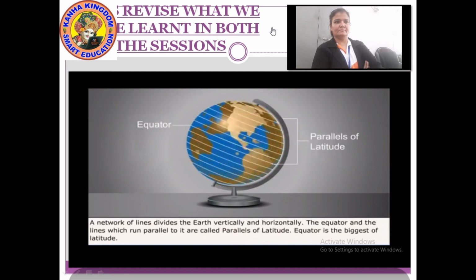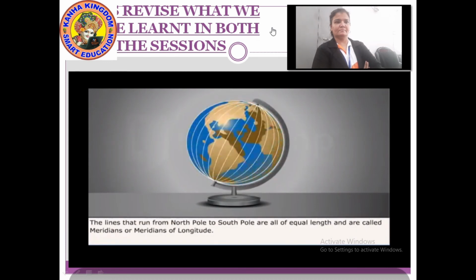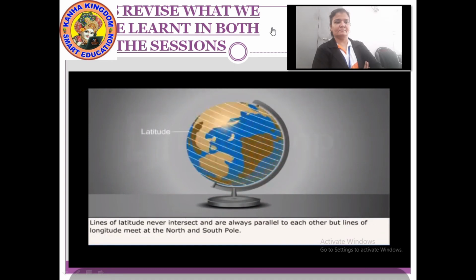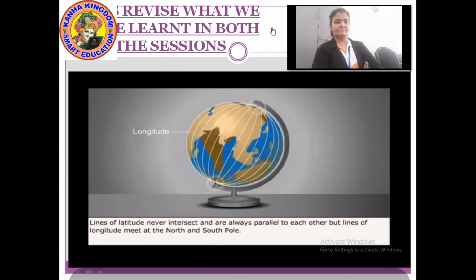Equator is the biggest of latitudes. The lines that run from North Pole to South Pole are all of equal length and are called meridians or meridians of longitude. The lines of latitude are always parallel to each other. They never intersect, but the lines of longitude meet at the North and the South Poles.